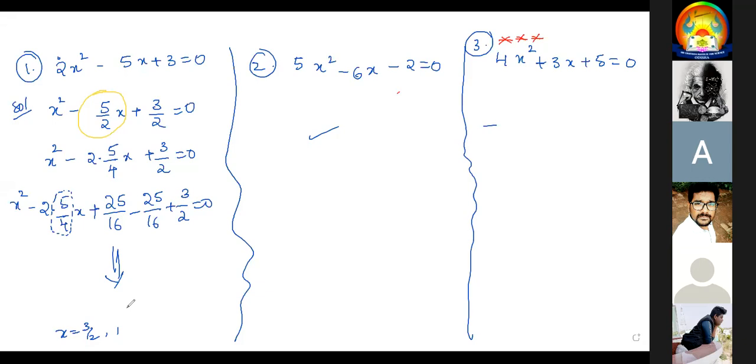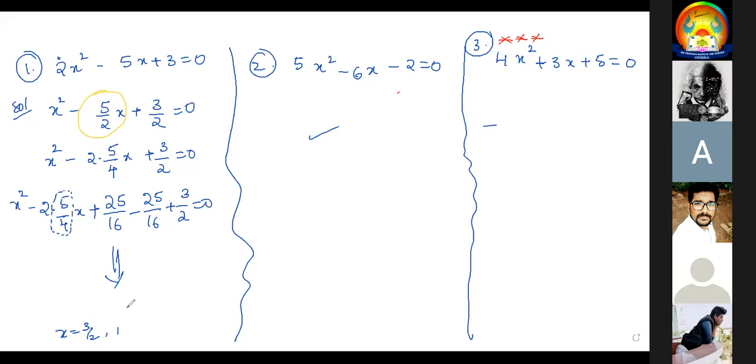Sir, no solution. Very good. Why no solution? Sir, the answer is coming in negative. So what?